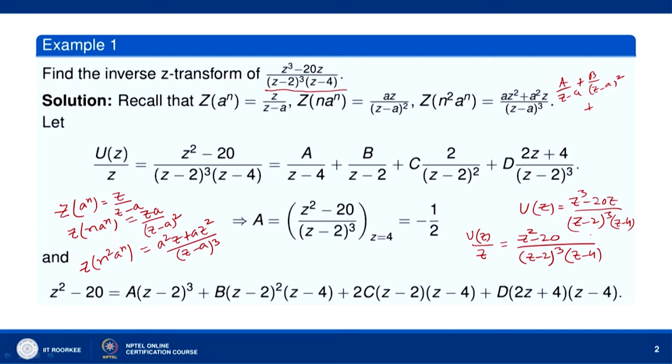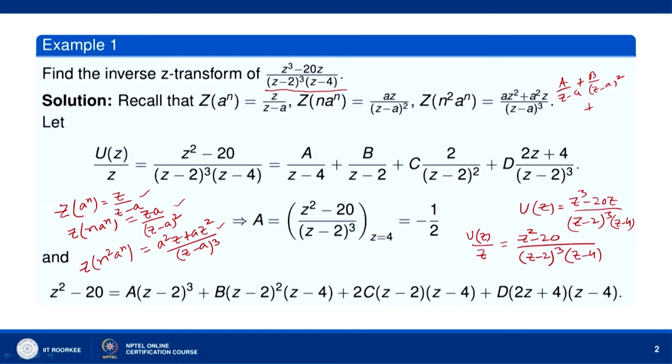We would like to consider the fractions of U(z) in such a way that they come in the standard form, so we can apply the standard formulae. You can see that in the Z transform of a to the power n, n a to the power n, n square a to the power n, Z is common in the numerator; here we have a z, and here we can take out z, so we will have a square plus a z.